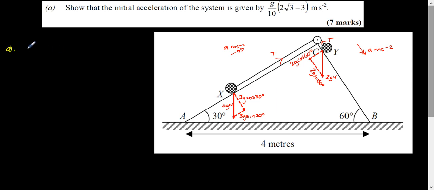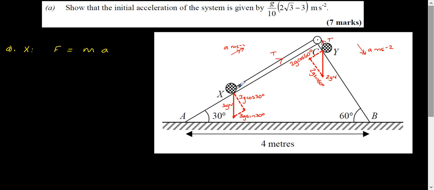So we're going to model each particle separately. We'll start with particle X, and we're going to use Newton's second law, F equals ma, where F is the resultant force, m is the mass, and a is the acceleration. So if we look down here at particle X, the way that it's going to move is up the plane. So that's our positive direction.